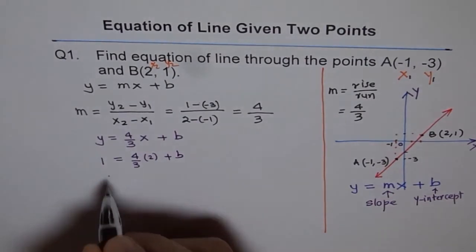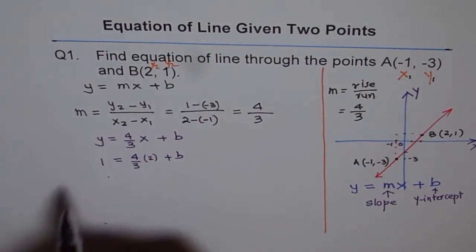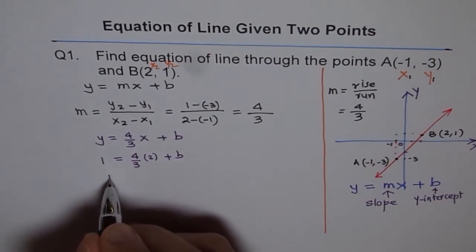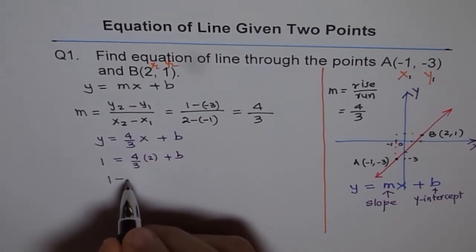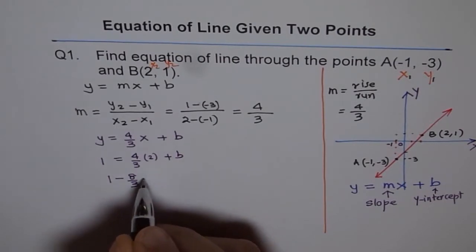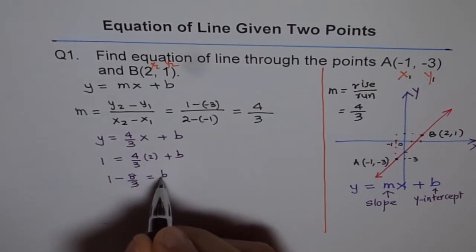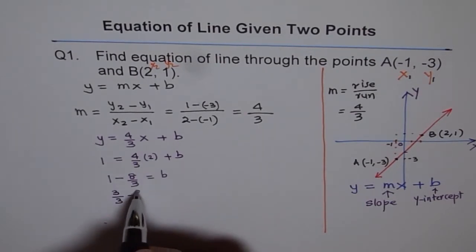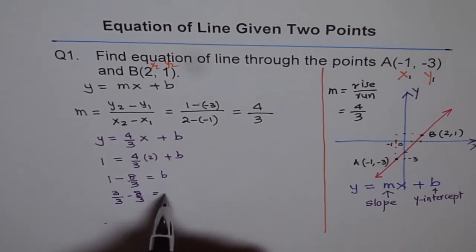Now to find b, we need to get it on the left side. Let's isolate b. So we have 1 minus 8 over 3 equals b. It could be written as 3 over 3 minus 8 over 3 equals b.